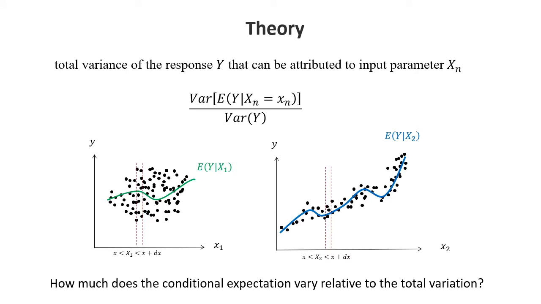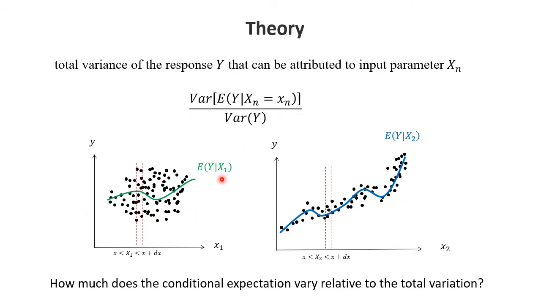So what is this Sobol index? We'd like to understand what is the total variance of a response, and how much of that can be attributed to some parameter xn. In order to understand that, let's look at these two graphs here in the middle. In this graph, we see x1 plotted versus y, and here we see x2 plotted versus y.